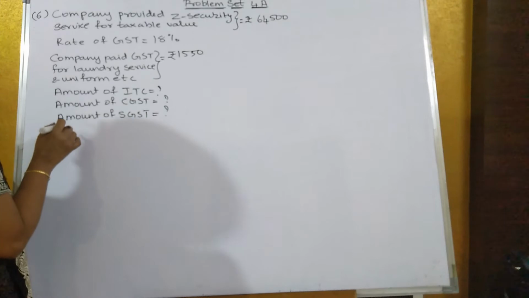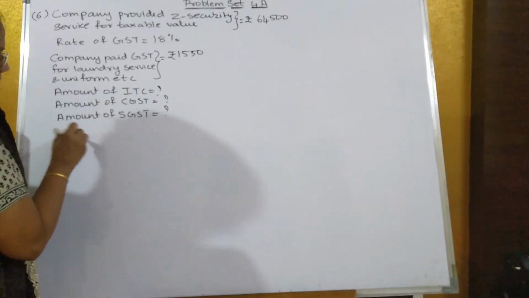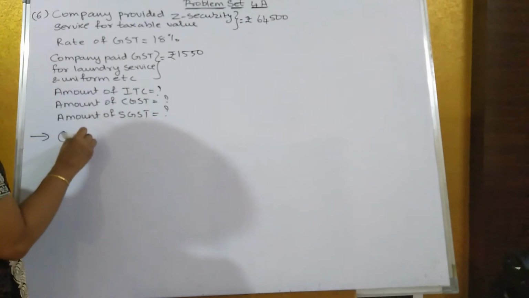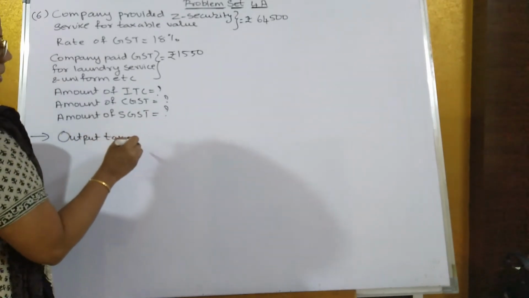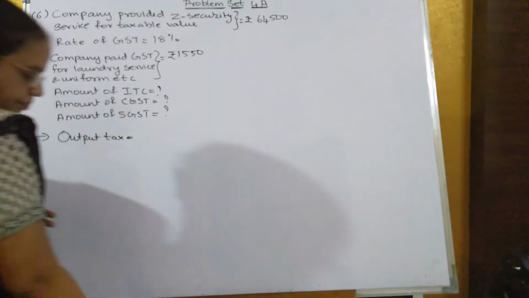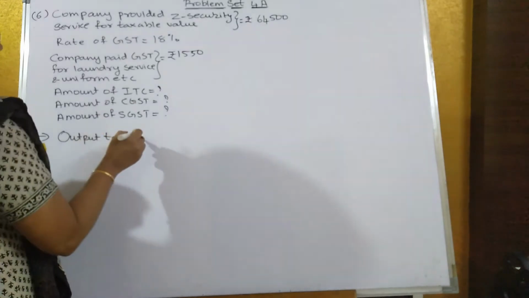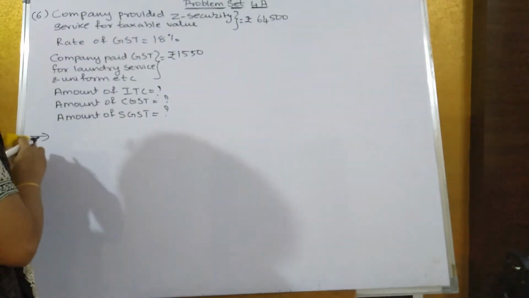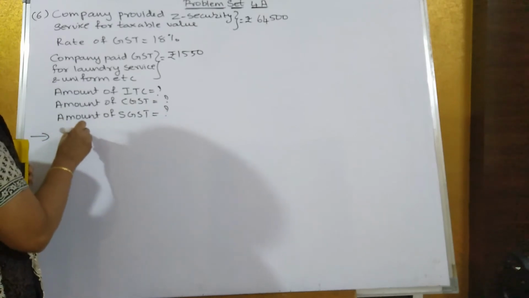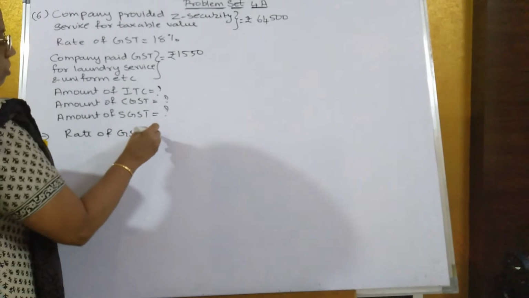Now output tax is equal to how much? Rate of GST is already given, rate of GST is equal to 18%.